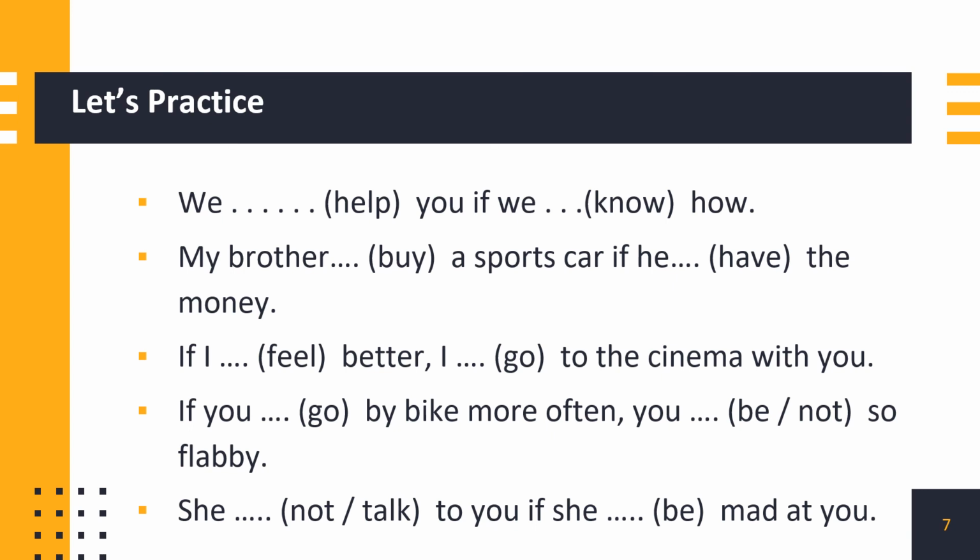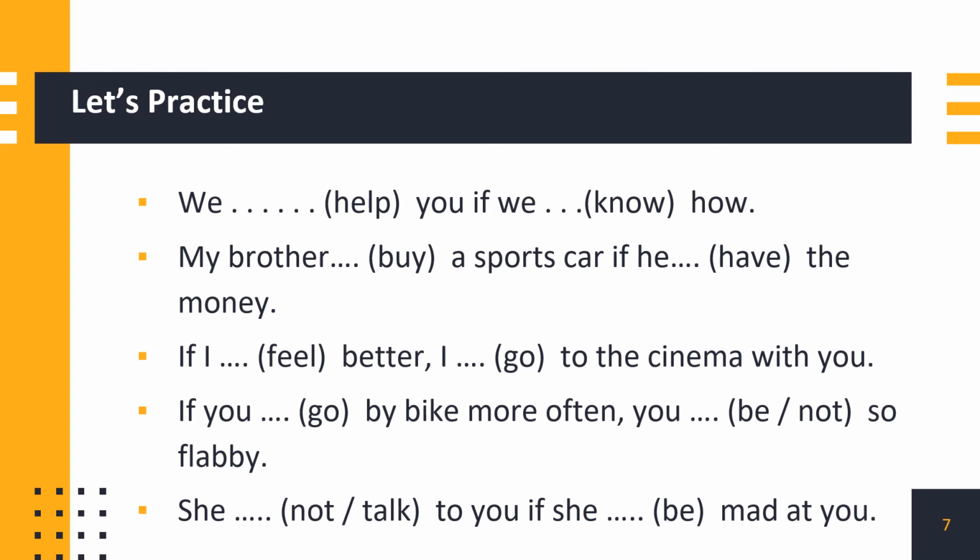And the last one, she, it should be followed by verb 2. How to make negative form in past simple? We use didn't. She, sorry, it is the main clause, so we have to use would. She would not talk to you if she were mad at you.